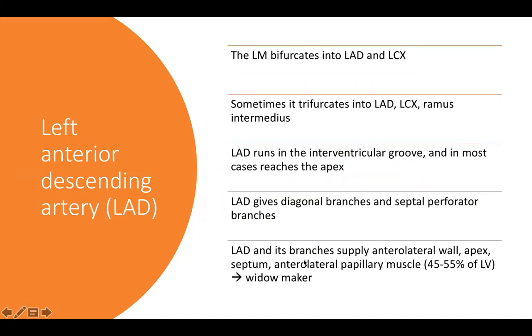The LAD supplies around 45 to 55% of the left ventricular myocardium, and this is why when we have an acute coronary syndrome and a thrombus occluding the LAD, we call this vessel the widow maker, from its dangerous consequences, as it supplies in some patients more than 55% of the left ventricle.